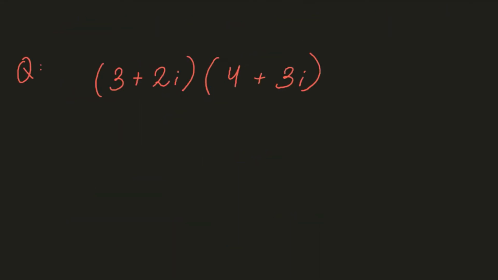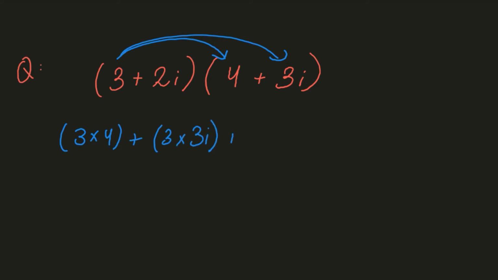Alright, so let's talk about multiplication. So now we have 3 plus 2i multiplied by 4 plus 3i. So we're just going to multiply these two brackets the same way we multiply any two brackets. First of all, 3 times 4 plus 3 times 3i plus 2i times 4 plus 2i times 3i.